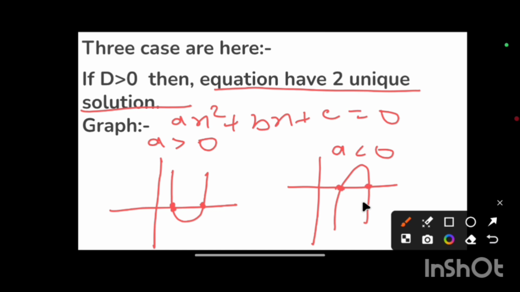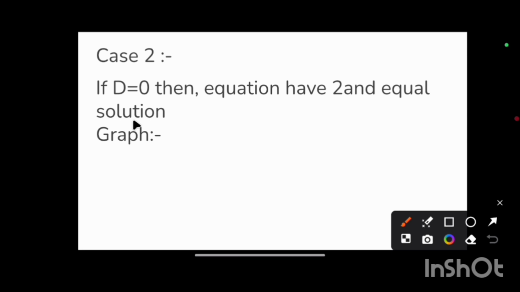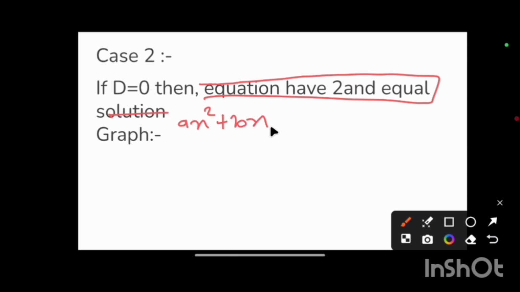If a is negative, then your graph is like that, and here the two intercepts are the solutions of this quadratic equation. D equal to 0, then the equation has two equal solutions. What is the graph? If the equation is ax square plus bx plus c equal to 0, then if a is greater than 0, the graph of this case is like that.